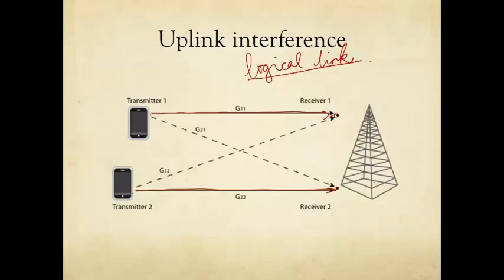And then what about interference? When transmitter 1 talks, the energy propagates, and part of the energy will be picked up by logical receiver 2. This is a dotted line to represent an interference channel. And there is the other interference channel.